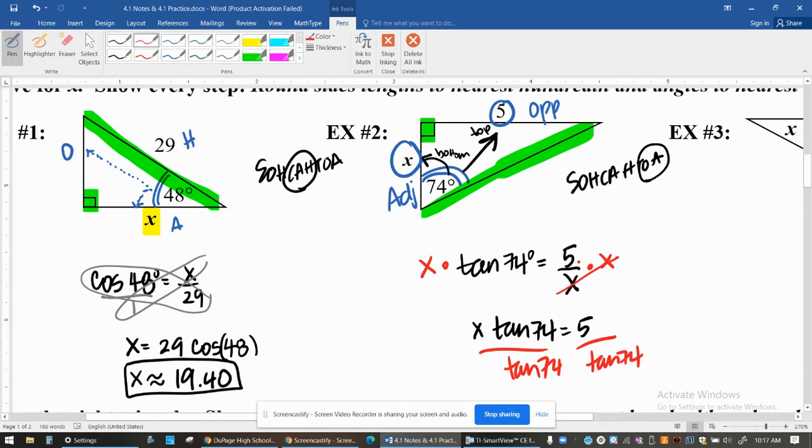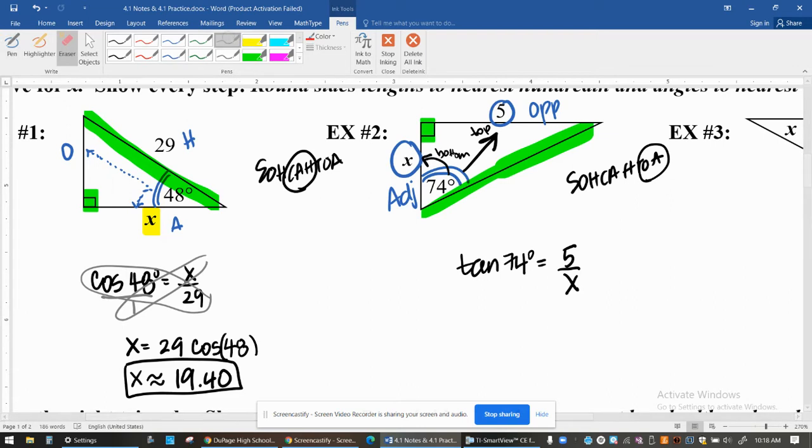So it's not as simple as the original problem we did, where it was x over 29 and you just multiplied both sides by 29, okay? When your x is in the denominator, there's a little more involved. So what I like to do is I just like to cross multiply, so set it up as a proportion. So then I have x times tangent of 74.